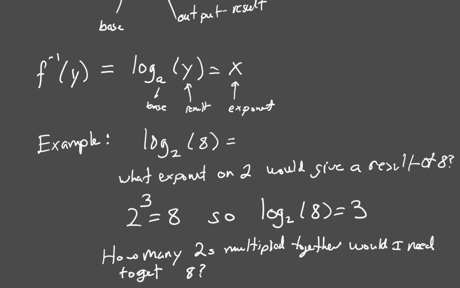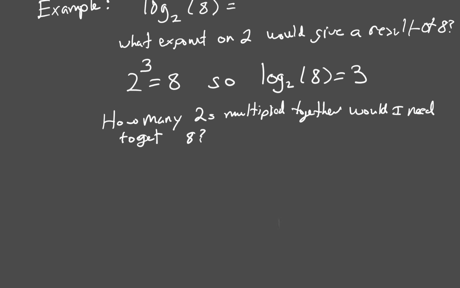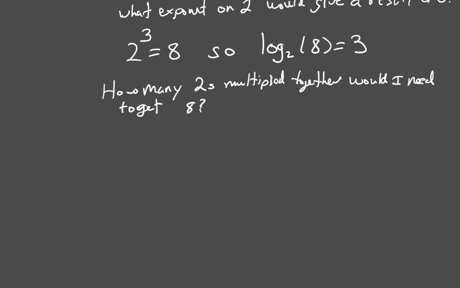Well, you'd need 3 2's multiplied together to get 8. Sometimes that doesn't work as well. If I would say maybe log base 2 of 10, how many 2's would I need multiplied together to get 10? Well, if I had 3 of them, I would only get 8. If I had 4 of them, I would get 16. So it's going to be somewhere between 2 and 3.